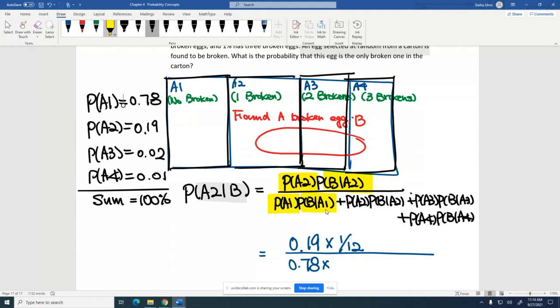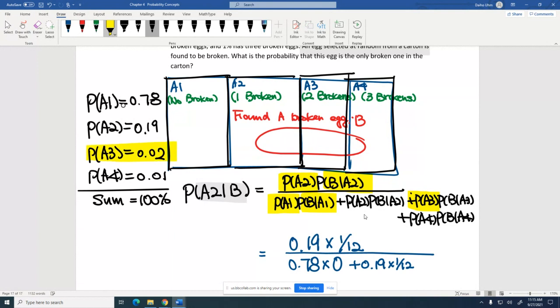Again, from the case with no broken eggs, can I find a broken egg? Impossible. Then how much would be the conditional probability? Impossible. That would be 0, yes. And the next one is the same as the numerator. It's 0.19 times 1 out of 12.